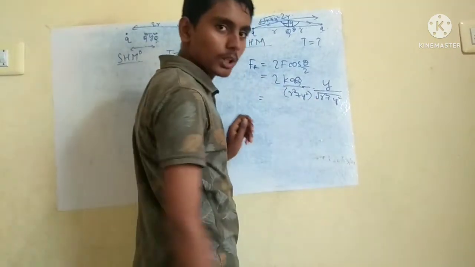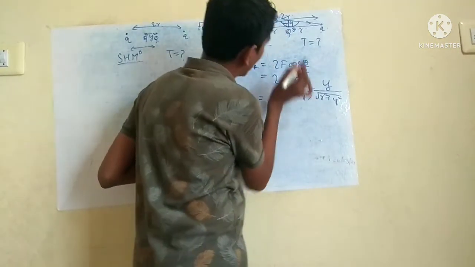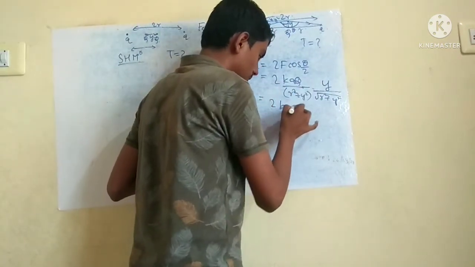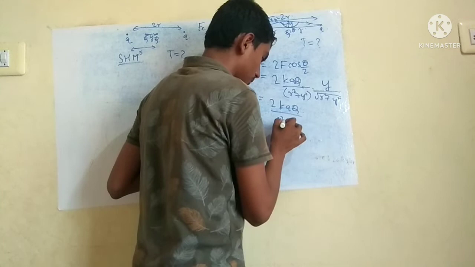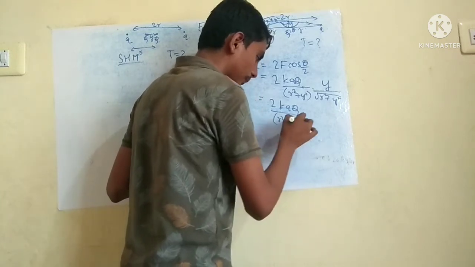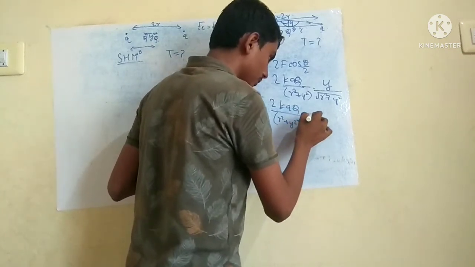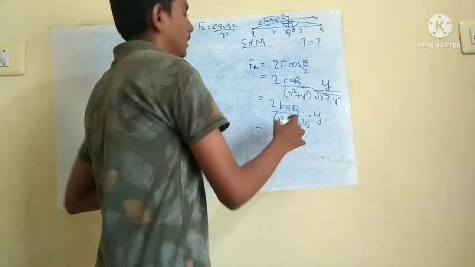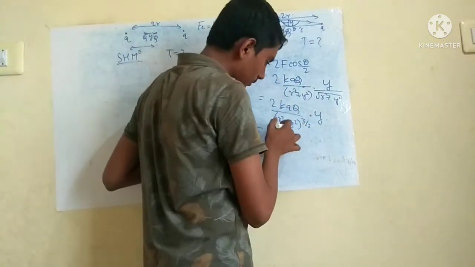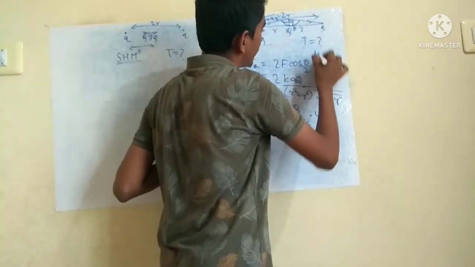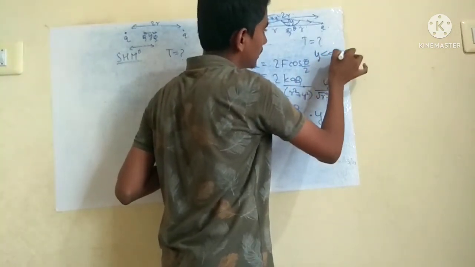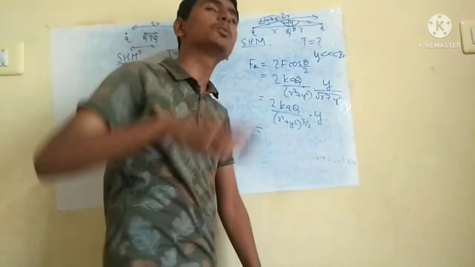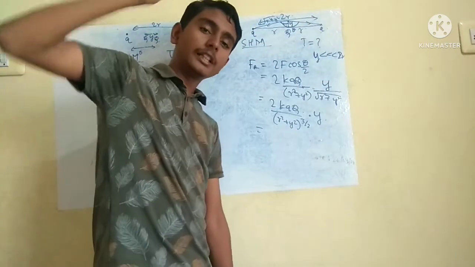Now what you should do? Now see here, now I will simplify this one first. Okay, r square plus y square whole raised to 3 by 2 into y. Okay, now first only y is very smaller than 2r, that too you are taking square, then it will be very small, that it tends to 0.